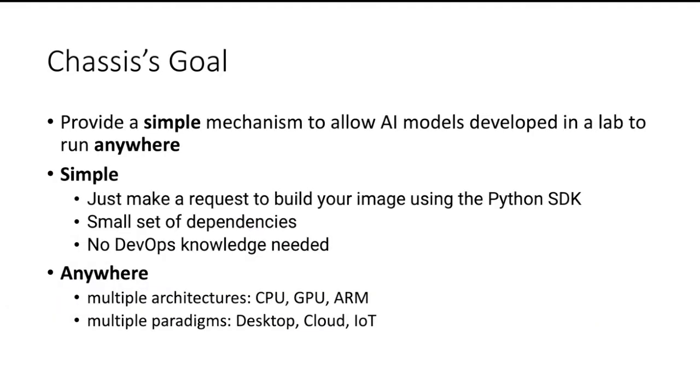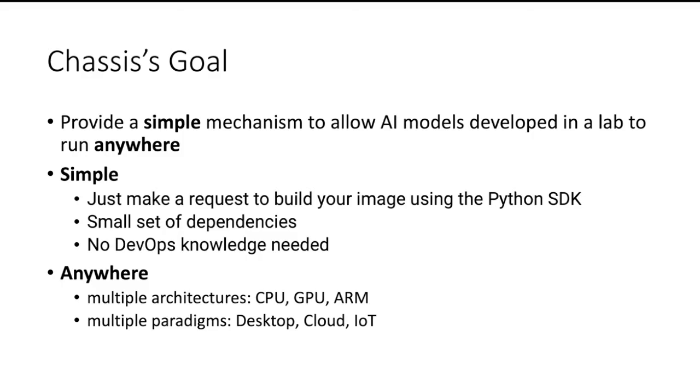So to summarize Chassis' long-term goals, which we've made a lot of progress towards, we want to provide a simple tool mechanism to allow AI models developed in a lab to be able to be run anywhere in a variety of settings. We want it to be super easy to use, so you make a request to build your image using our Chassis Python SDK, which has a small set of dependencies.